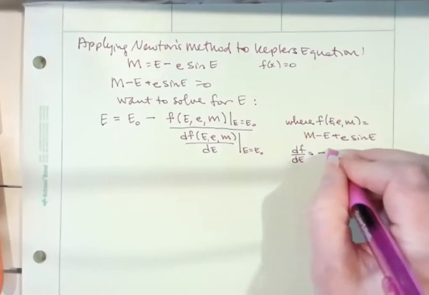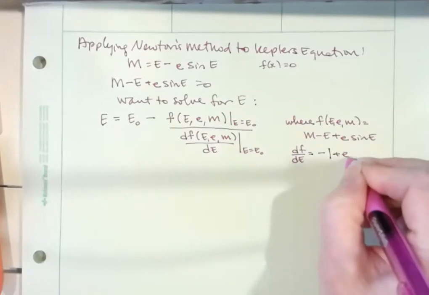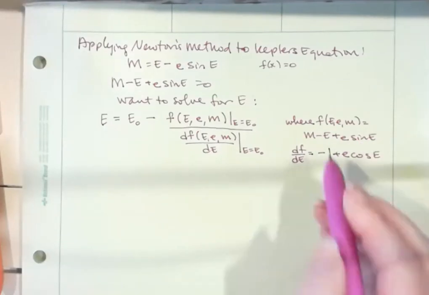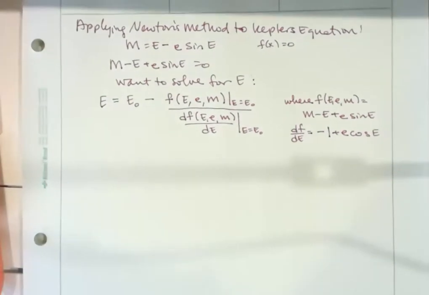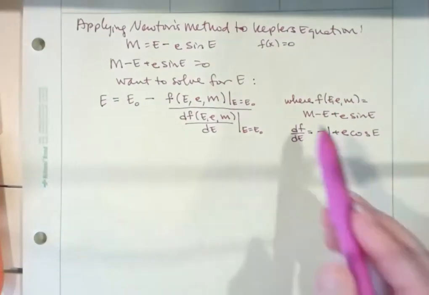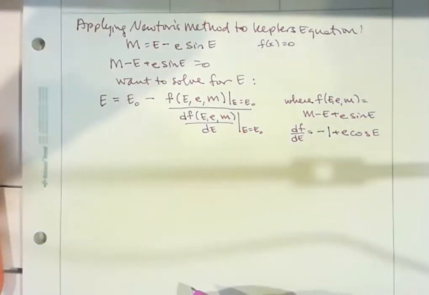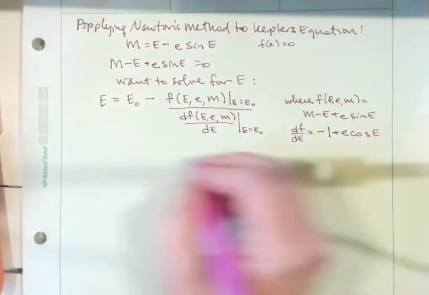We're going to have minus 1 from right here, plus e cosine capital E from right here. This term here goes away because it doesn't have anything to do with eccentric anomaly in that form. So now we have these two. If we take all of this and plug it into this equation here, we get our final form.